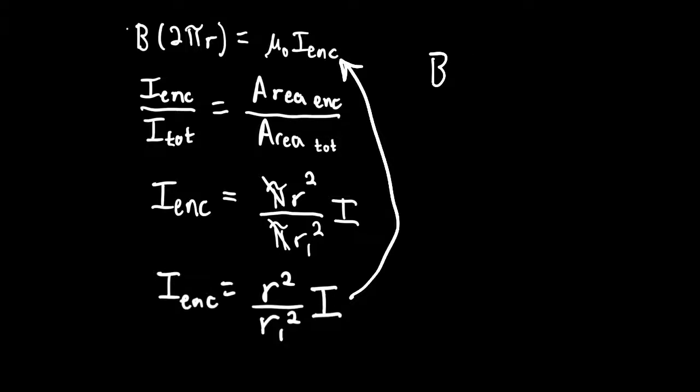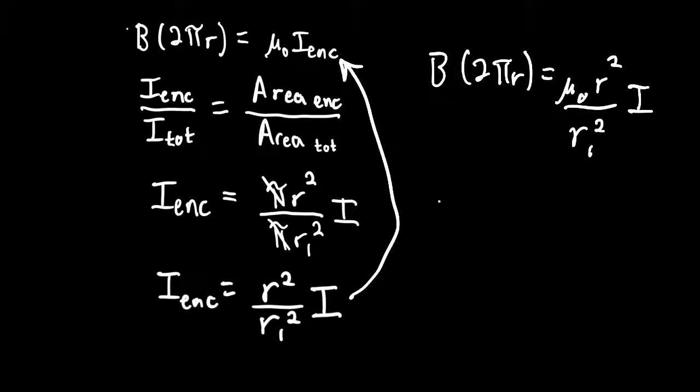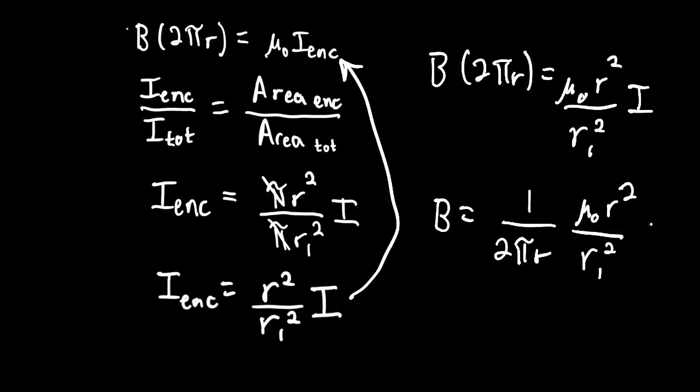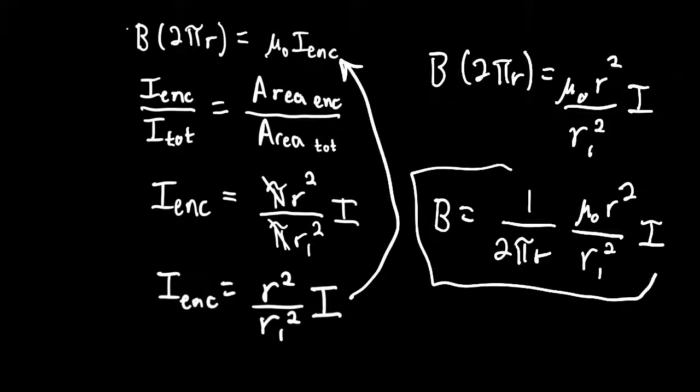So B times 2 pi R equals mu naught times R squared over R1 squared times I. So now my magnetic field, if I divide that 2 pi R to the other side, is 1 over 2 pi R times mu naught times R squared over R1 squared times I. I could simplify this, right? I could get rid of an I. You don't have to. I'm not going to make you simplify. There's your answer. There's your B.